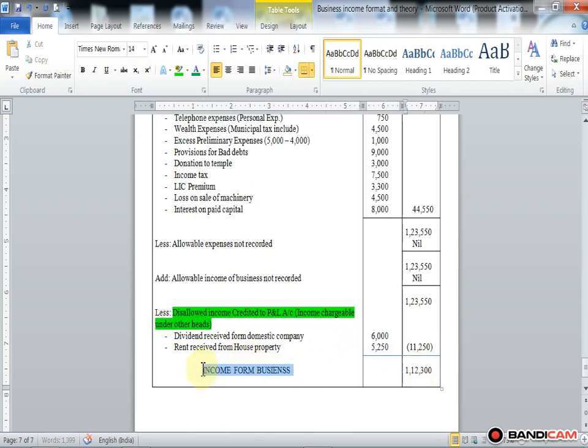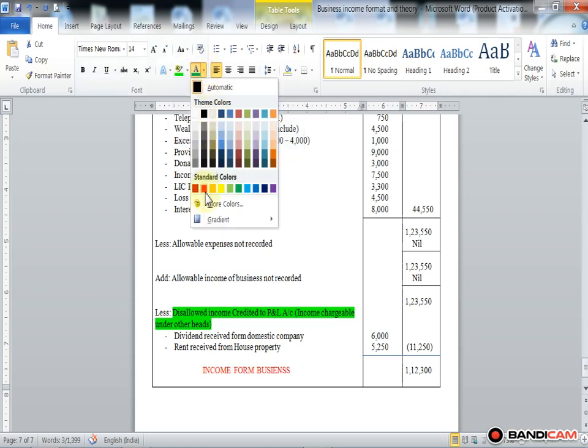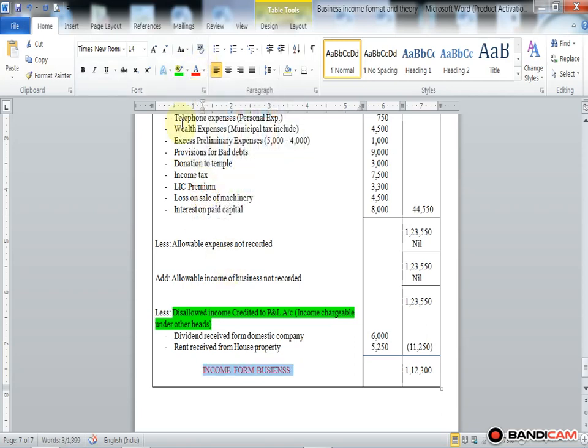Only find out the expenses which are not related to business and income which is not related to business. If in additional information some expenses related to business is given, so these expenses is deducted from net profit, it is allowable expenses.